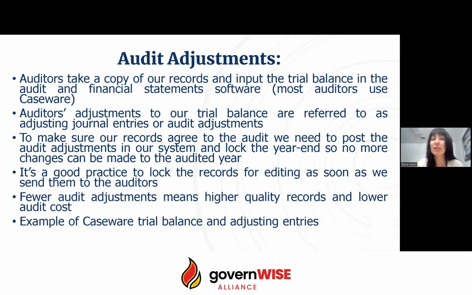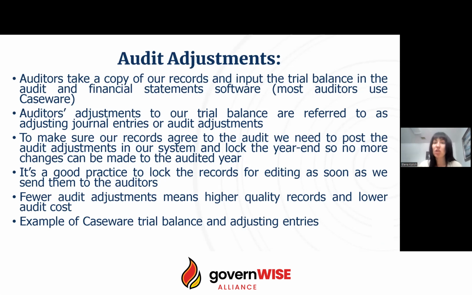Now, for some of us, it's a pretty clear process. We get the adjustments, we make them in the system, right? Then another step that I always recommend is, once you've made the auditor's adjustments, lock your system, lock that year. Most software have the capability of locking the system down.